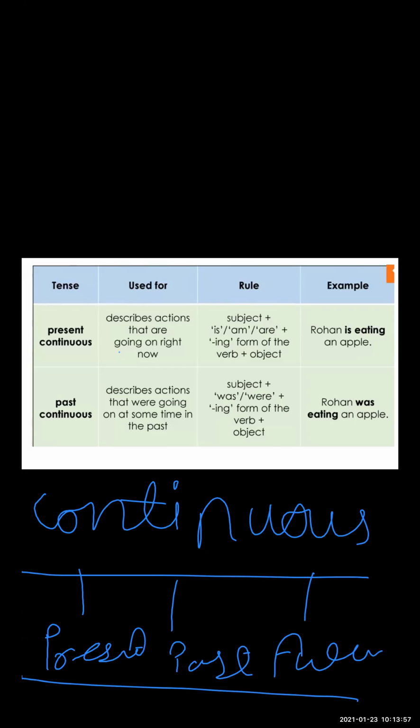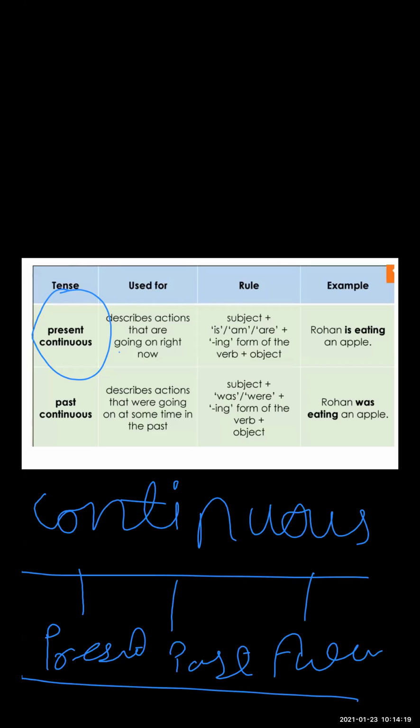Let's talk about the present continuous tense. When you use this, you are going to describe the actions that are going on right now.